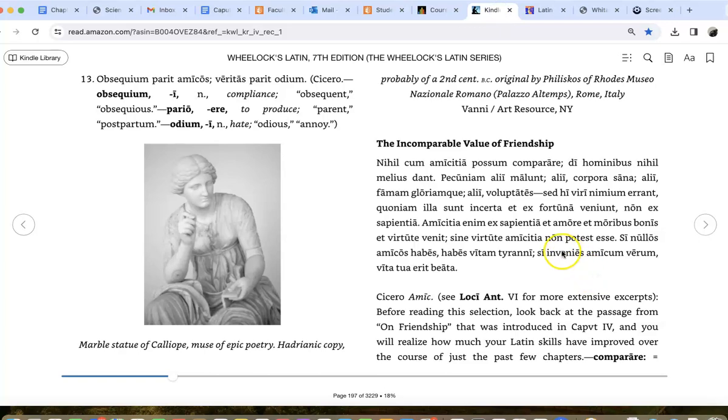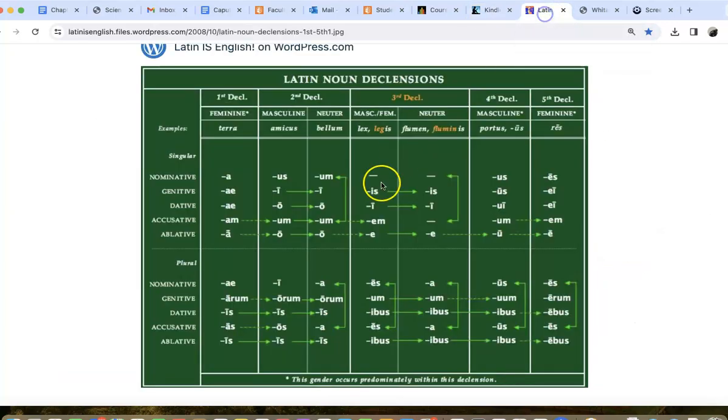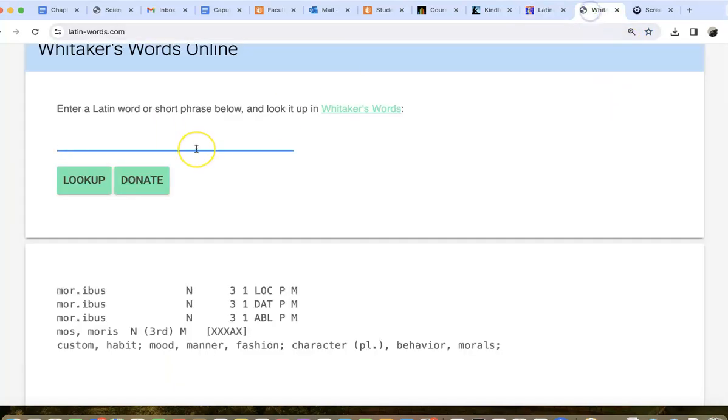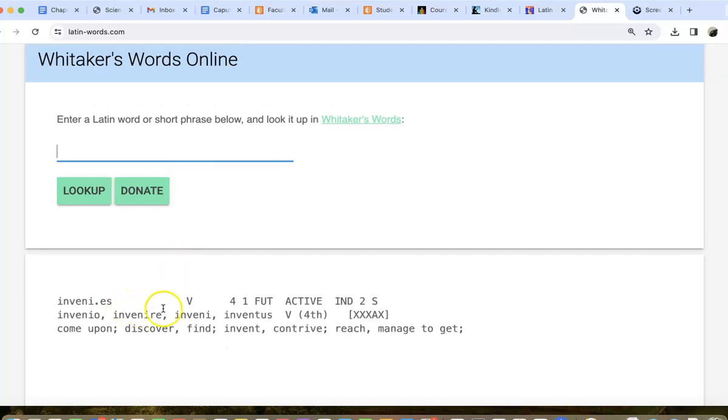If you find a true friend, si invenies amicum verum. Notice amicum verum is second declension accusative singular. Invenies, again, just to show you there's no substitute for hard work or just doing something. Here they have the future.